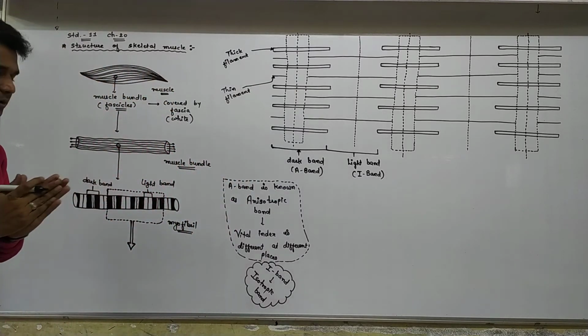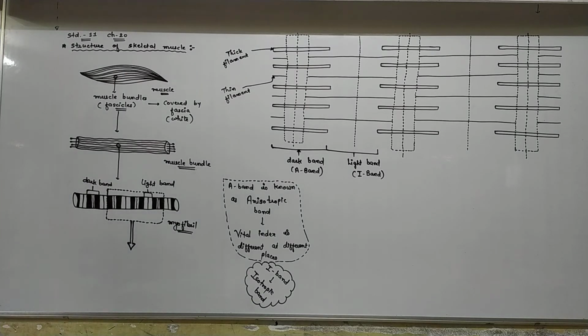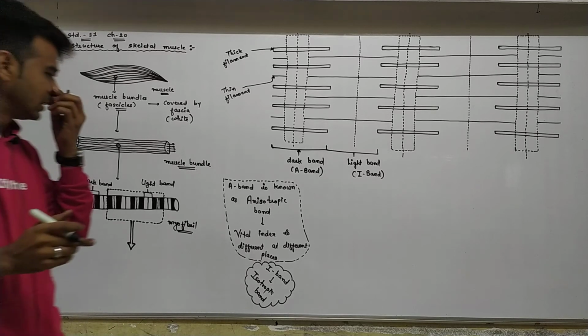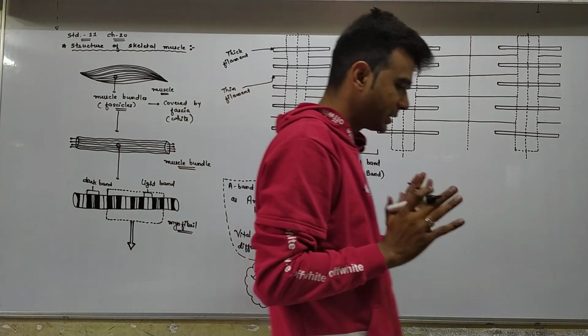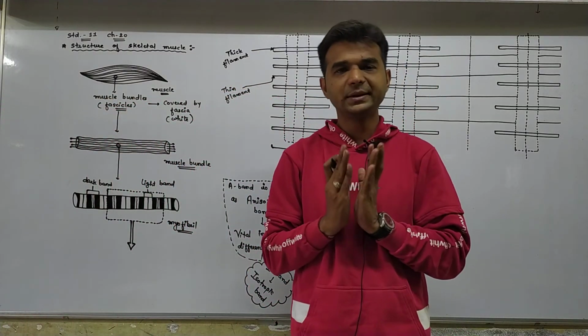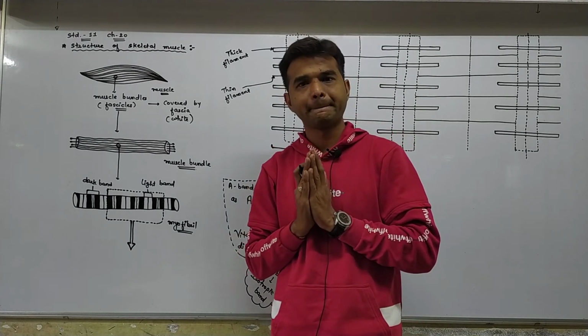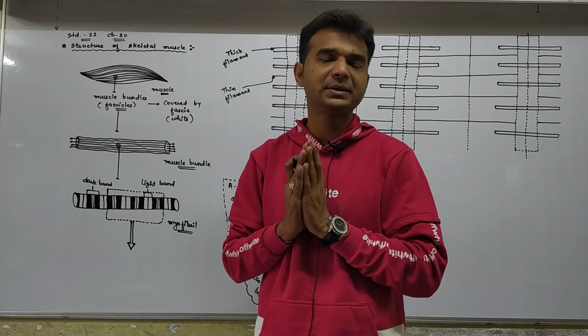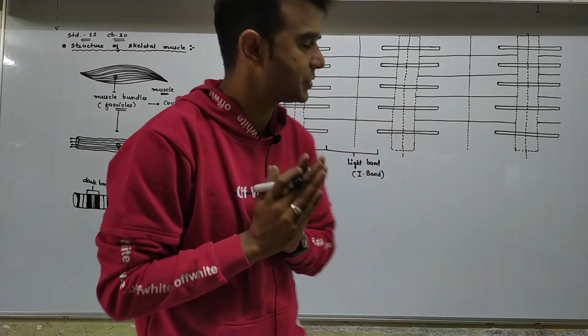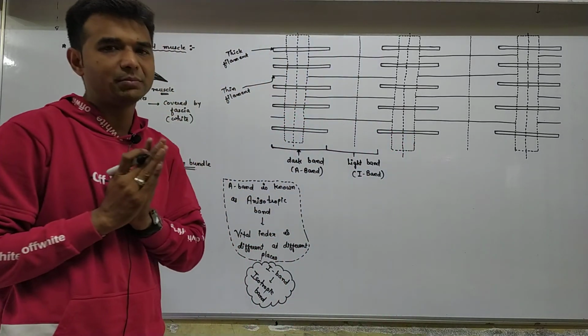In our textbook, the information is not given in a proper way. Fine, because our muscles consist of contractile proteins, actin and myosin.